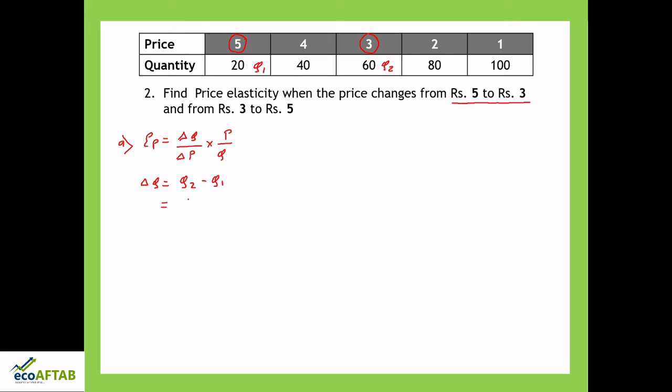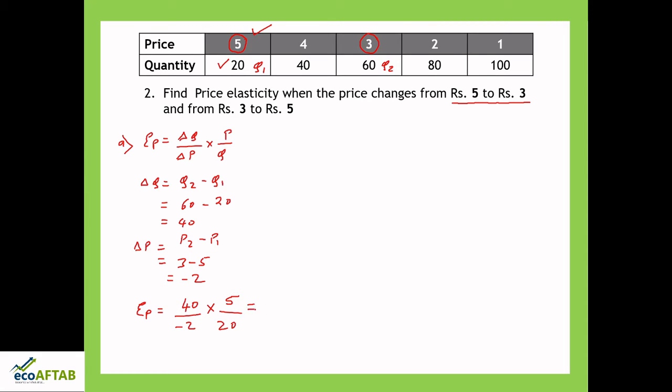So, this is equal to 60 minus 20, that is equal to 40, and delta P is, as you know, P2 minus P1, that is equal to 3 minus 5, and that is equal to minus 2. So, what is the price elasticity of demand in this case? The price elasticity of demand here is delta Q by delta P, that is 40 divided by minus 2, into the original price. The original price is 5 and the original quantity is 20.